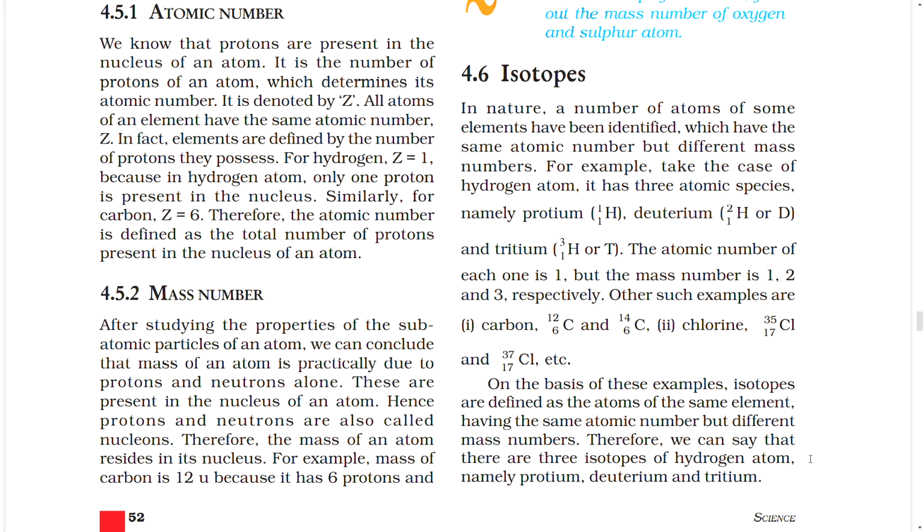Other such examples are 1, carbon, 12C6 and 14C6, 2, chlorine, 35Cl17 and 37Cl17, etc. On the basis of these examples, isotopes are defined as the atoms of the same element having the same atomic number but different mass numbers. Therefore, we can say that there are 3 isotopes of the hydrogen atom, namely protium, deuterium and tritium.